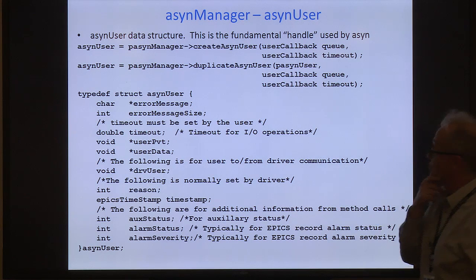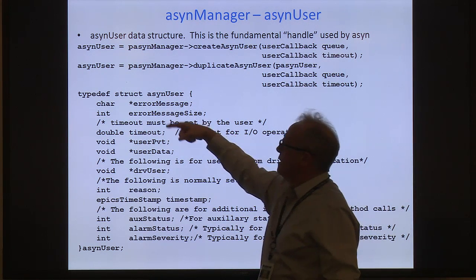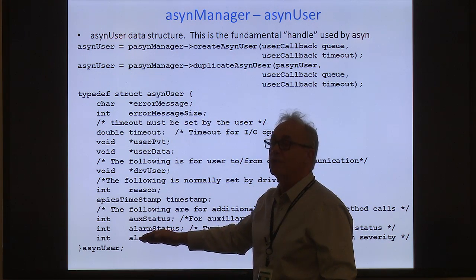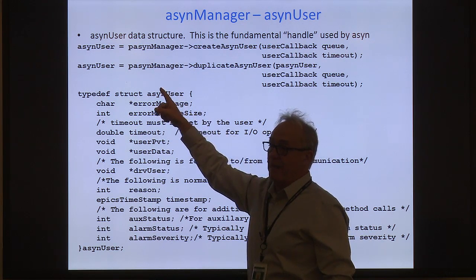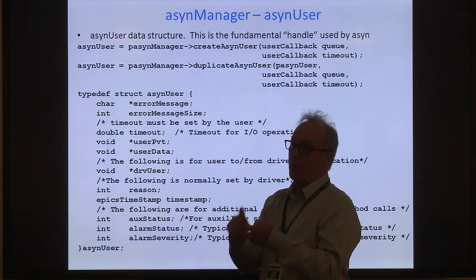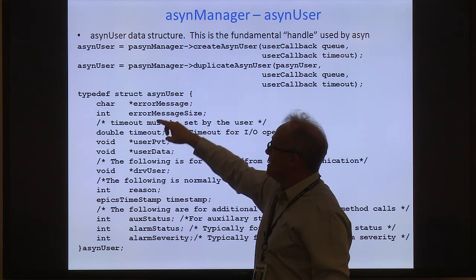There are asynManager functions to create them and duplicate them. This is the part of the structure that's visible to the user. There's a hidden part of this structure that's used by asynManager that keeps track of what port this is connected to, what address, and so on. But the part that's user accessible is here.